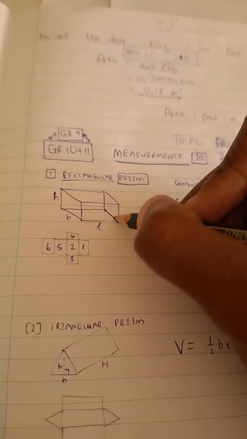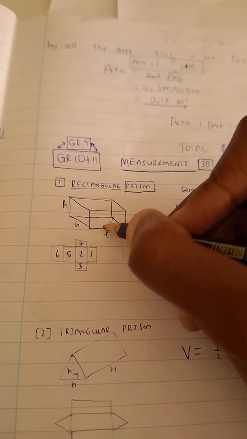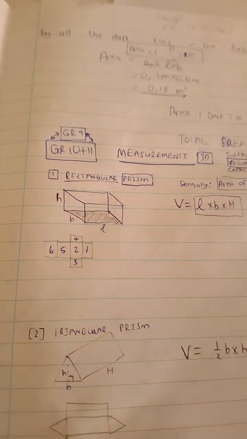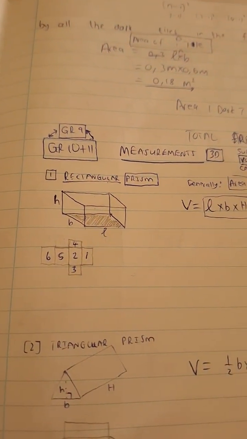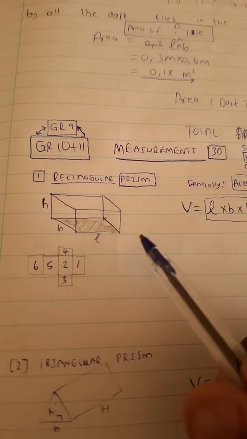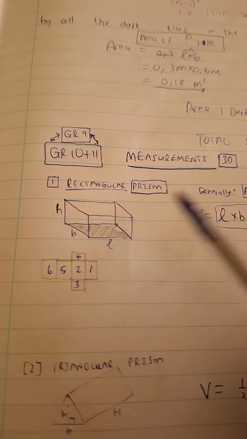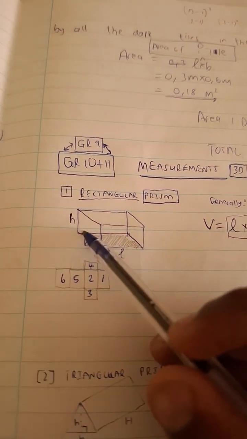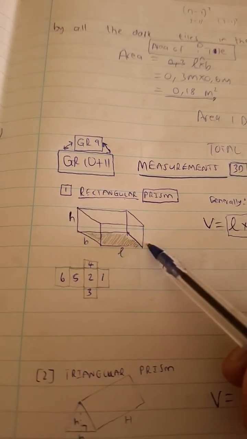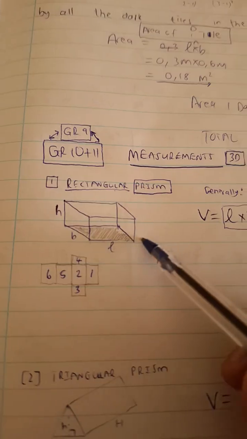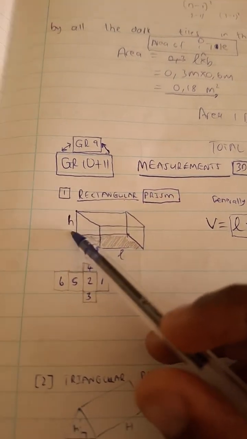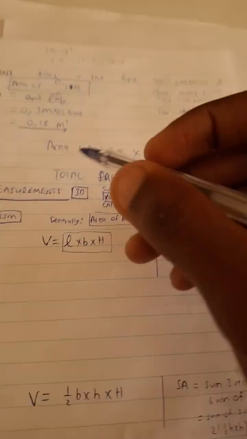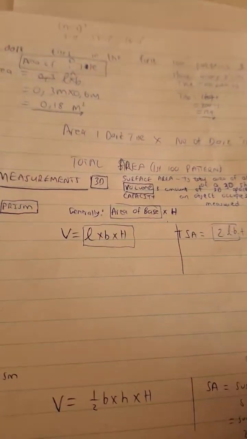I hope you can see that the base is a rectangle whose area is given by the product of the horizontal dimension L times the vertical dimension B. Length times breadth. That would be the area of the base.